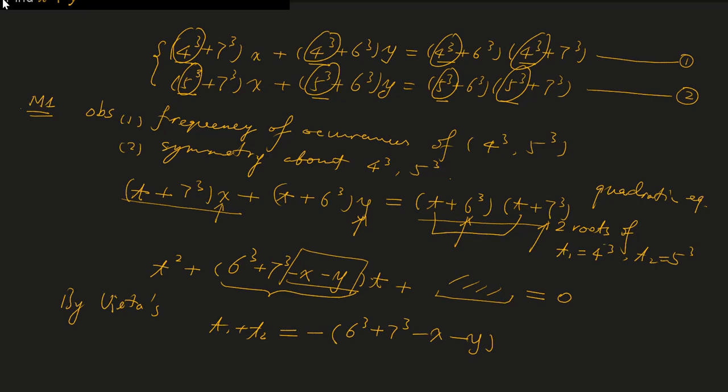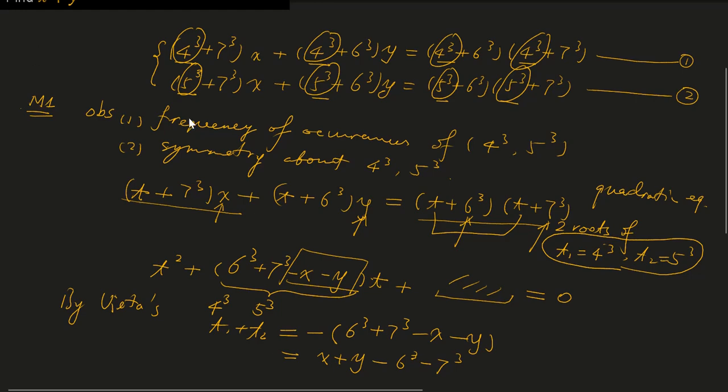And don't forget, the two roots of this quadratic equation about t are known, and they are 4 cubed and 5 cubed. So let's plug in these two roots into this new equality. So we'll have 4 cubed and 5 cubed here. And let's clean up the right-hand side. We'll have x plus y minus 6 cubed minus 7 cubed.